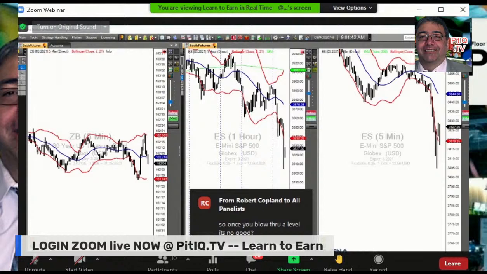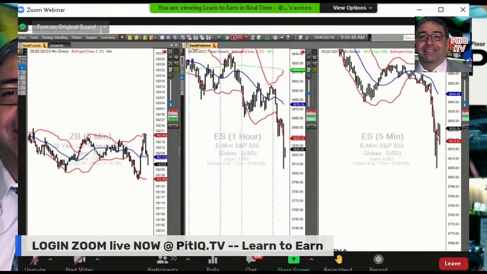That's right. Once you go through a level, it's not as strong. It doesn't mean that it won't work again, but it's not as strong as it was initially. We're not looking at it because obviously it tested it already, right? We already tested it initially, and as you can see, it kind of did what it did around it.